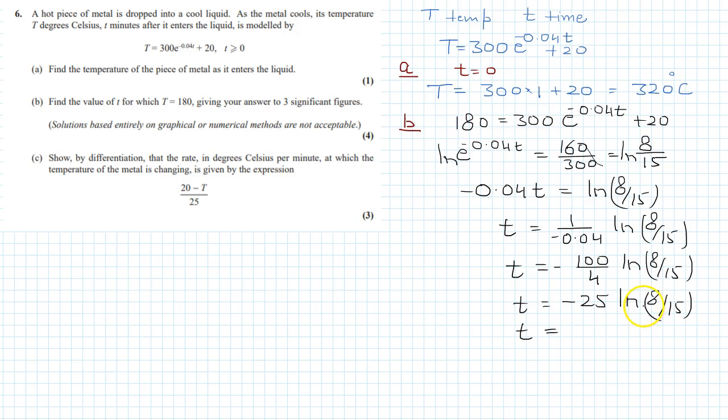So this is 0.6286 multiplied by 25, this is negative, so it will be positive, so it will be 15.71. Up to 3 significant figures, T will be 15.7 minutes. This is 3 SF.